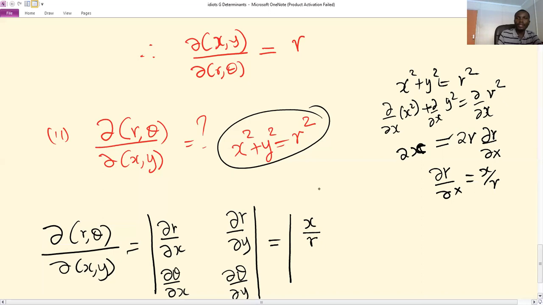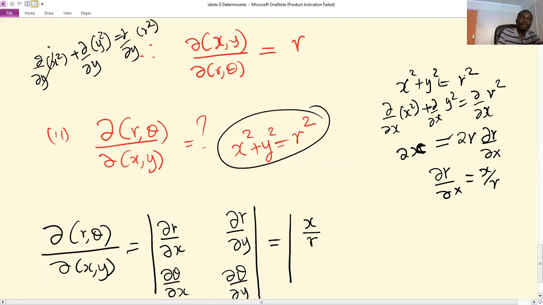Then for partial r partial y, we do the same thing. We apply partial y to each of the terms and assume r is a differentiable function of y. So partial y of x squared plus partial y of y squared equals partial y of r squared.